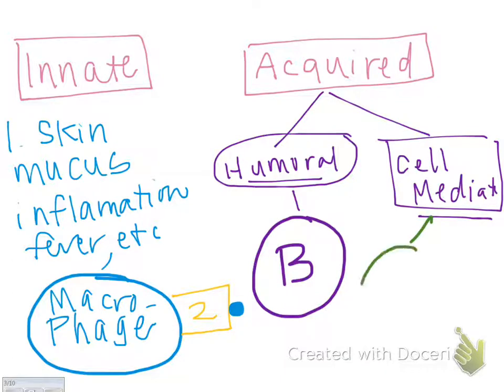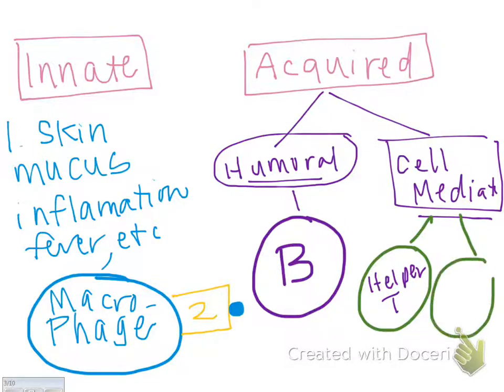And you've got helper T cells, and then you've got cytotoxic T cells. And those are your killers. Those are your big guns.